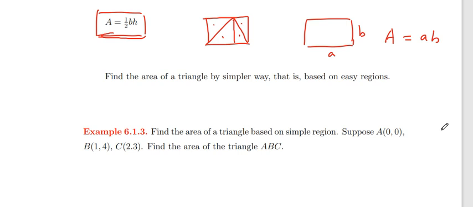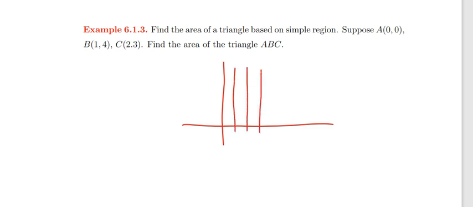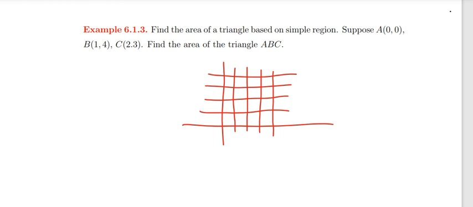Okay, so let's consider this problem. Let's say we have a triangle. So point A is here. Let's say we use the rectangular coordinates, 1, 2, 3, 4. So the triangle's A is here, 0, 0.